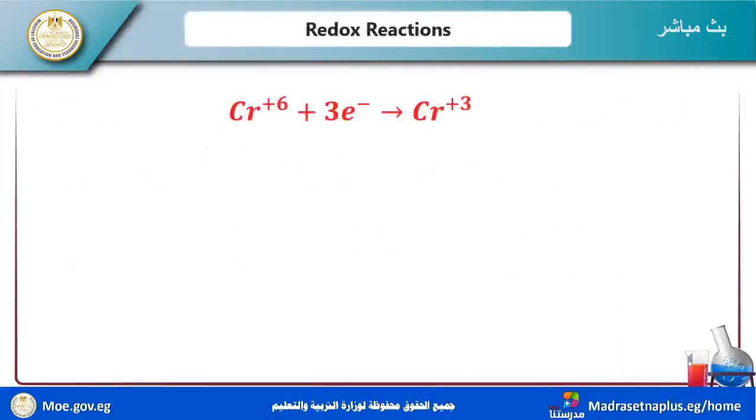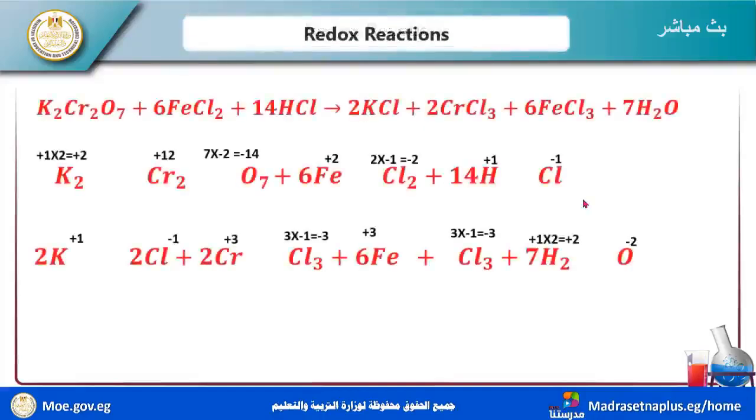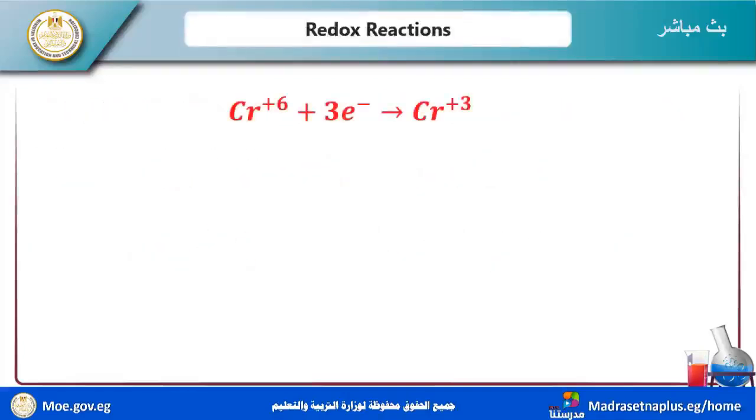Now we discuss chromium plus 6 converted into chromium plus 3. Chromium: positive 12 divided by 2 equals positive 6, which is converted into chromium positive 3. Subtracting positive 3 from positive 6 equals negative 3, so it gains 3 electrons.